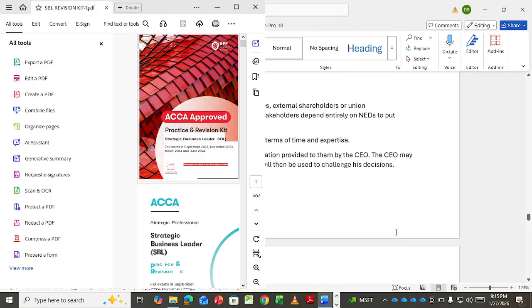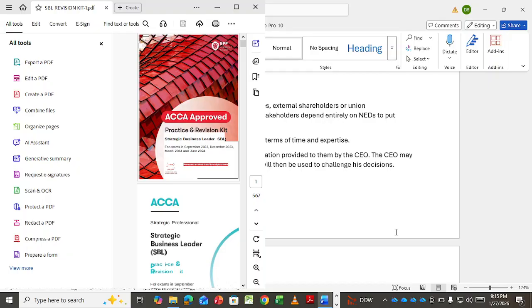The disadvantages that we could be having, however, because we have non-executive directors now having the same authority and requirements. These are not actively running the company, so it means they could be demanding much more.